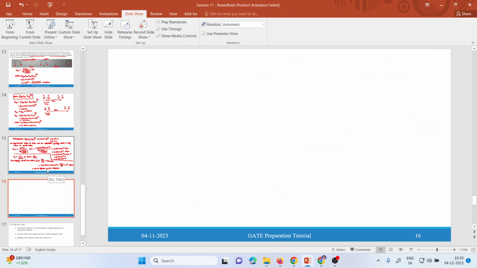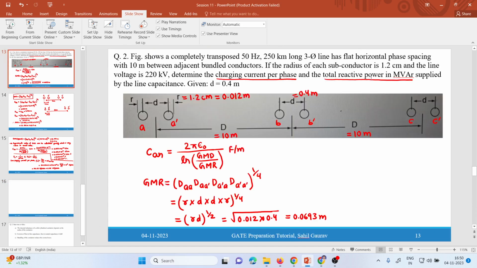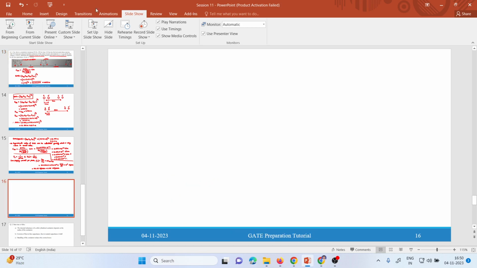Now we need to find this reactive power. It is asked about the total reactive power in MVAR supplied by the line capacitance. So for finding the reactive power, by this expression, QC three phase, that is 3 into VAN square divided by mod XC.